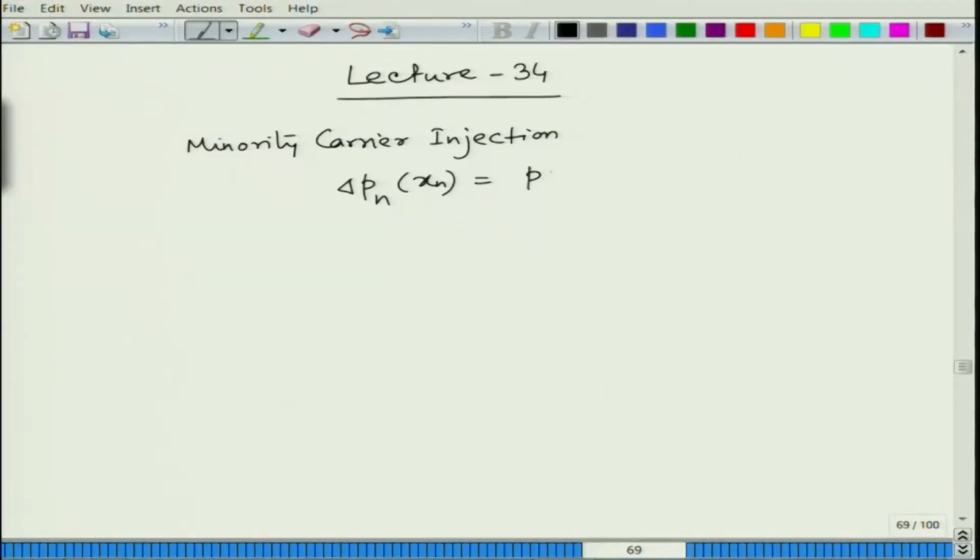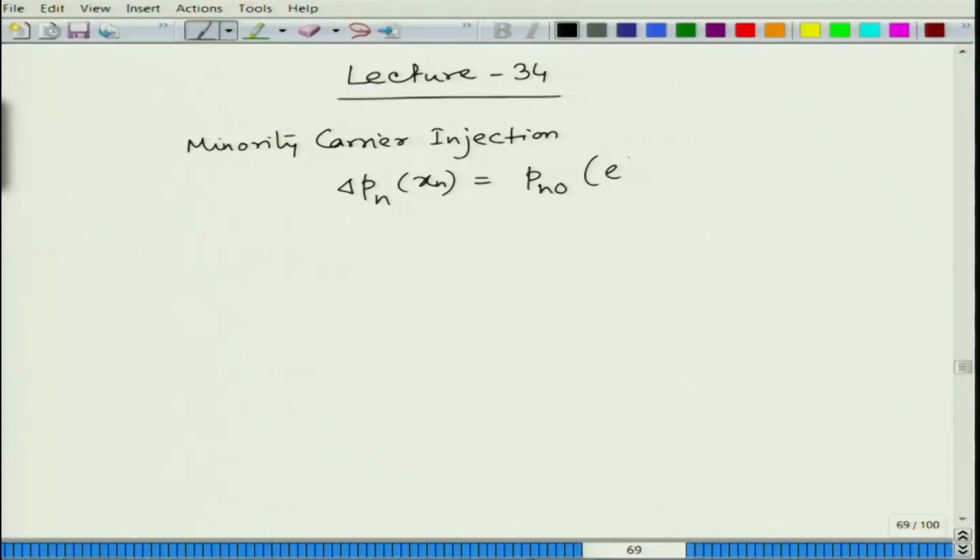That value depends on the equilibrium value of hole concentration in the N side multiplied by exponential q V a over k T minus 1. So, this is how the carrier injection happens, and you can see that it depends on the applied voltage.